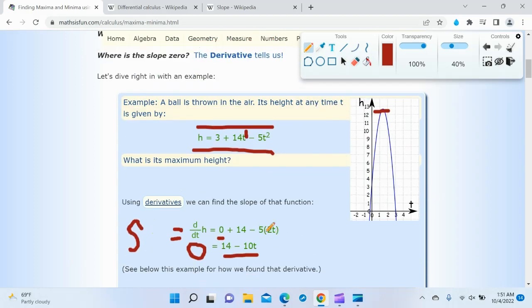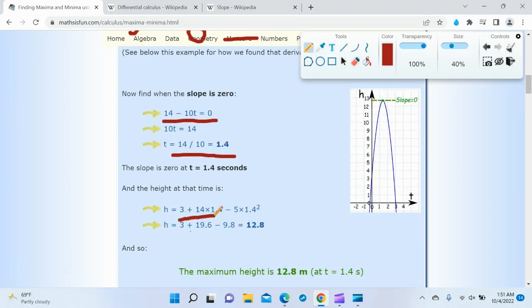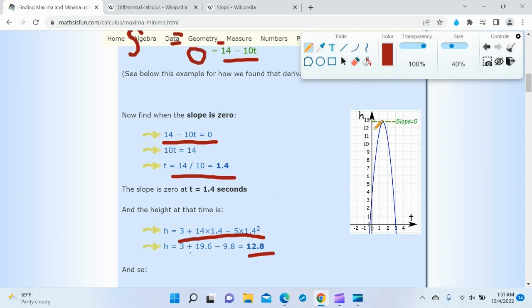We can put the value of t in the original equation, 3 plus 14t minus 5t square, and that's what it has done here. And we get h equal to 12.8, which means the maximum height is about 12.5. So from this graph also you can see the maximum height is about 12.5, and that is for slope equal to 0. So we understand the concept of slope in differentiation.